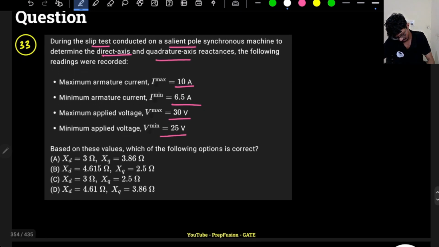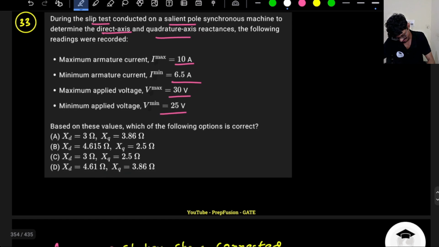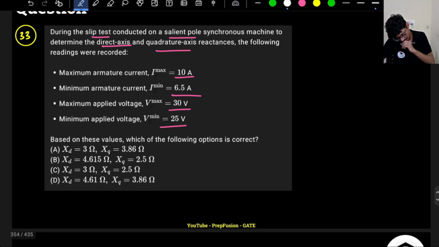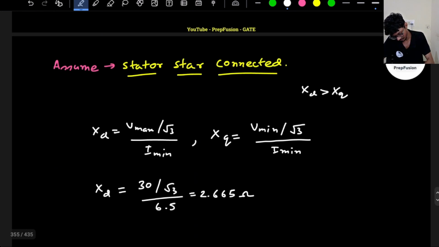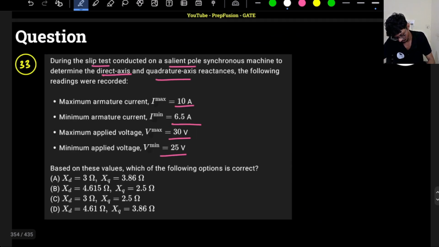That is actually present nowhere. I think in the option framing, somewhere we missed the mark. Actually, they should have mentioned that it is delta connected. If I multiply this by root 3, then I think some of the options will get matched. So I should have stated it.